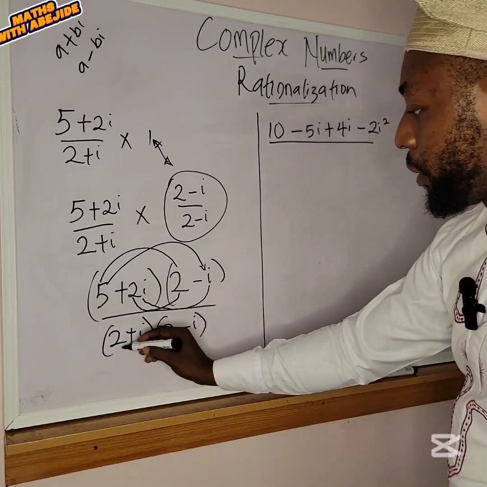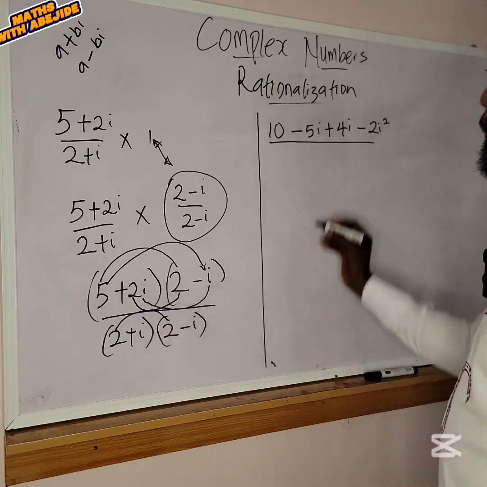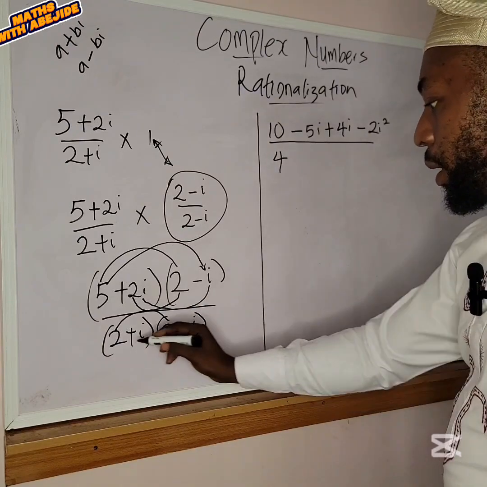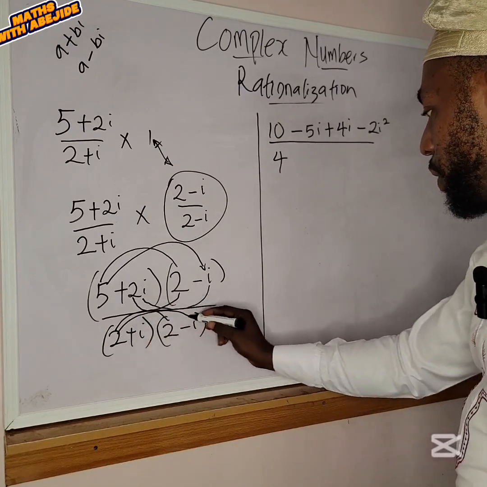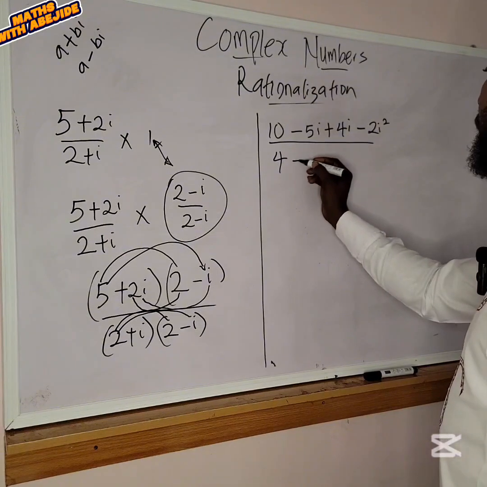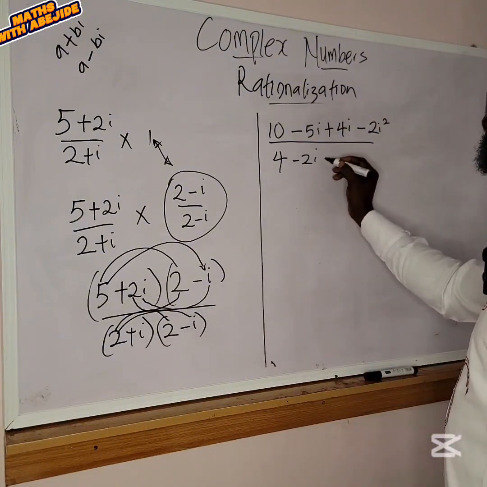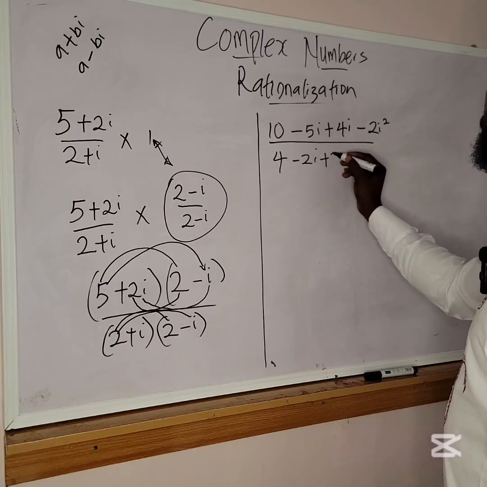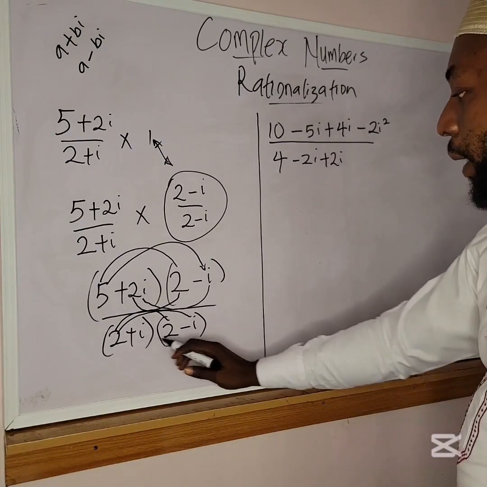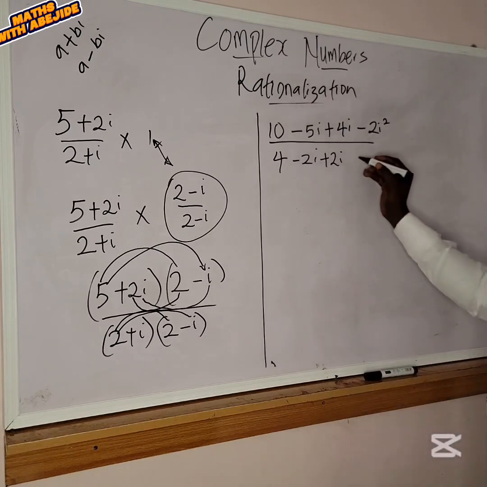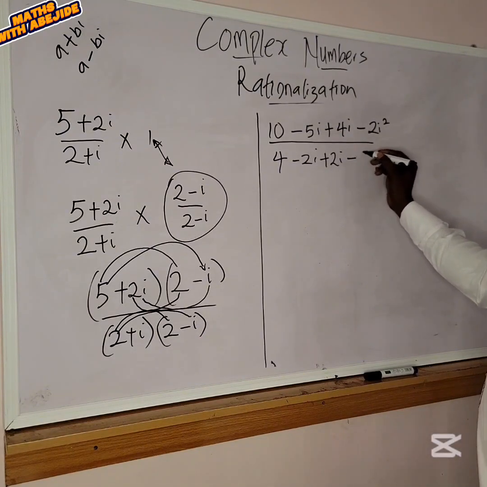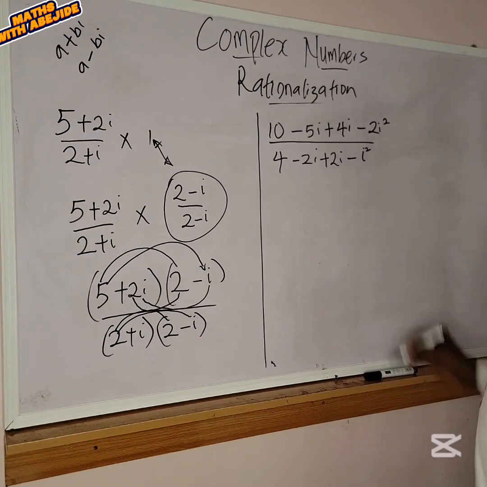Okay. So if this goes for this, we can have 4. Likewise, 2 goes for negative i, we have minus 2i. Then i goes for 2, we have plus 2i, right? Then i goes for negative i, we have minus i squared.